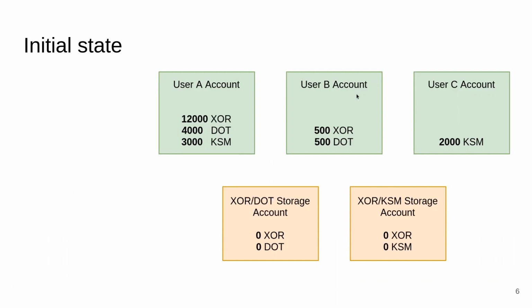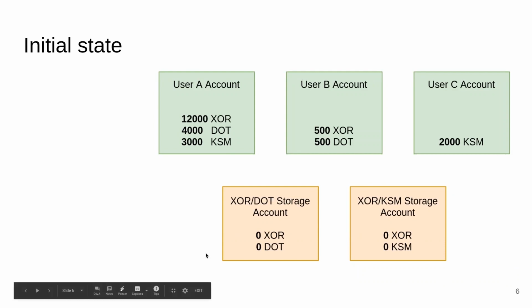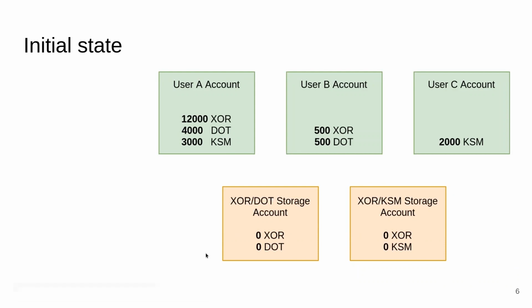Also, user B has XOR and DOT tokens, and user C has 2000 KSM tokens. Below, you can see the pool storage accounts, which were created with pool initialization ISIs and are linked to the pools. The scheme here is showing the amounts of tokens transferred between accounts.